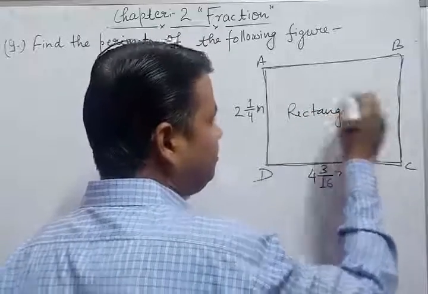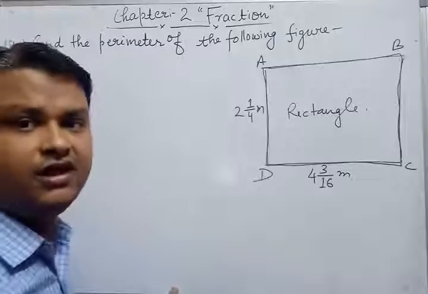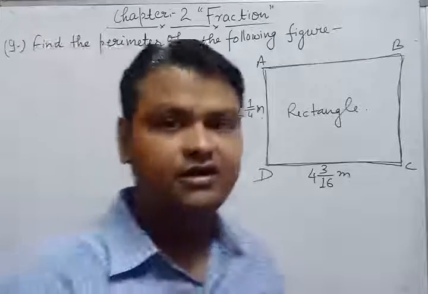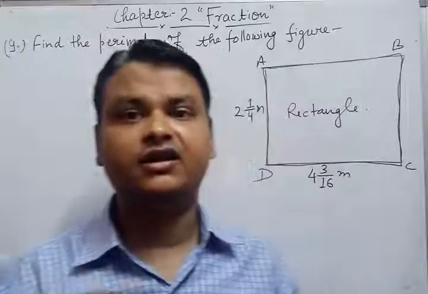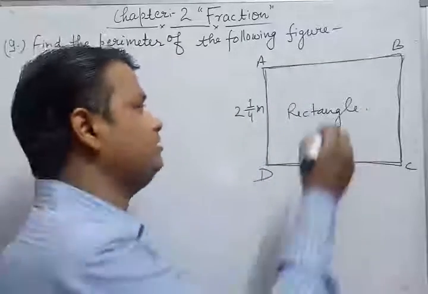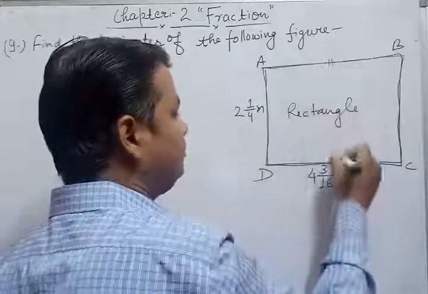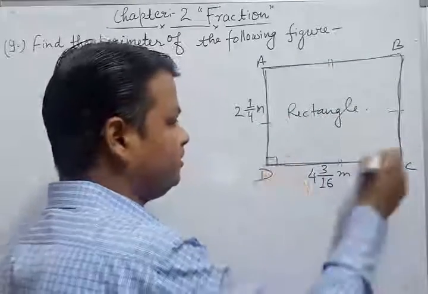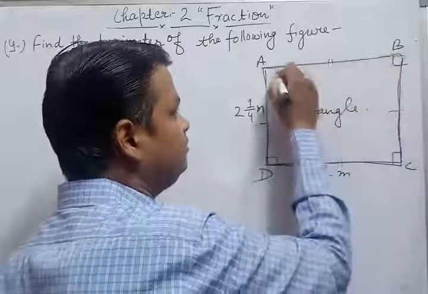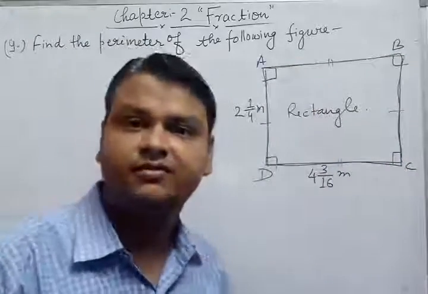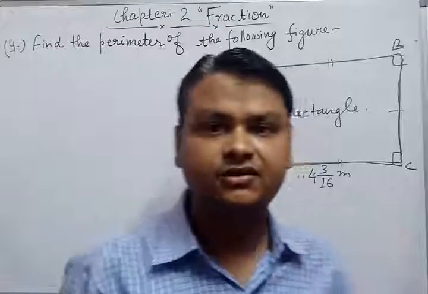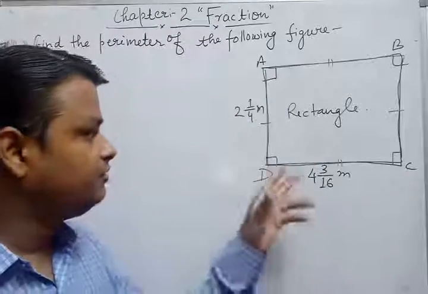You all know what a rectangle is. A rectangle is a closed figure, or you can say a rectangle is a quadrilateral in which opposite sides are equal, and each angle of a rectangle is 90 degrees. So this is the definition of a rectangle, and you have to find only the perimeter.